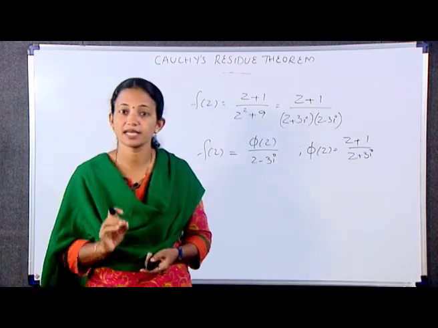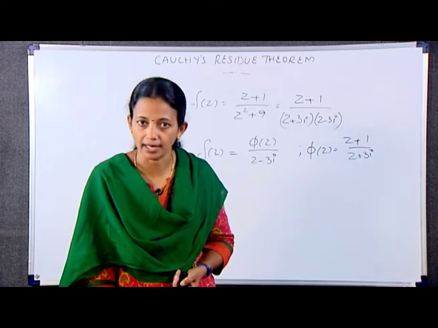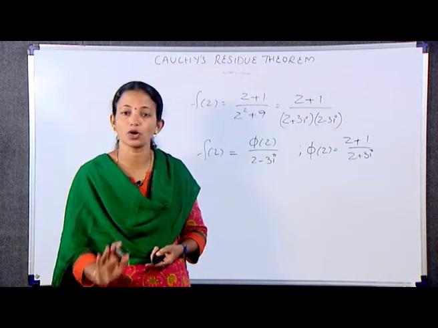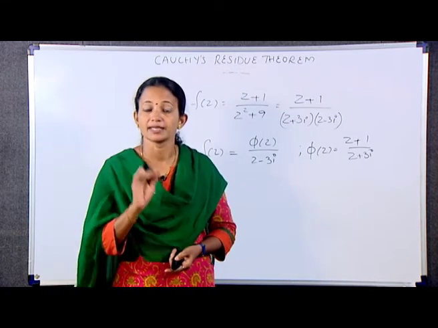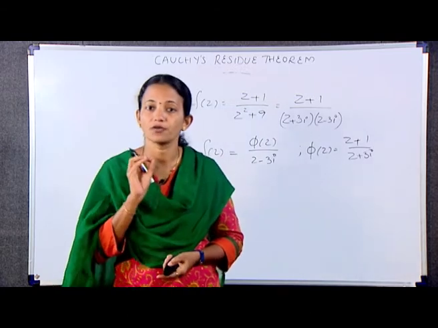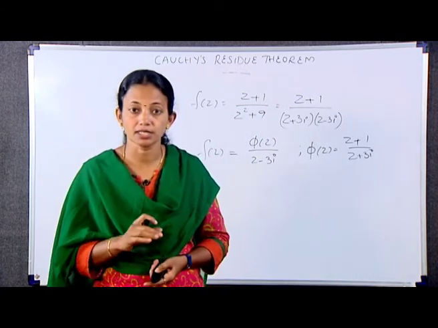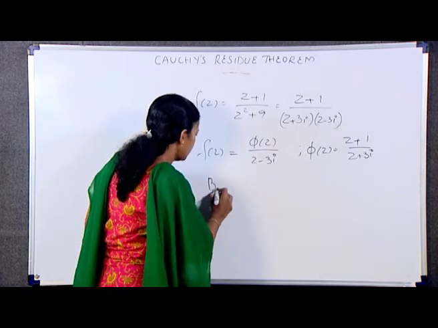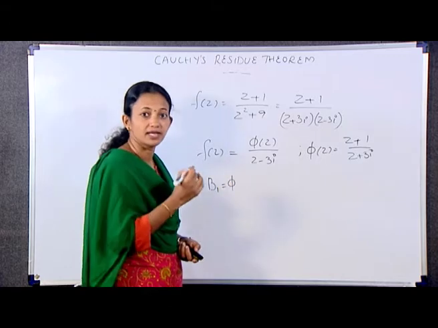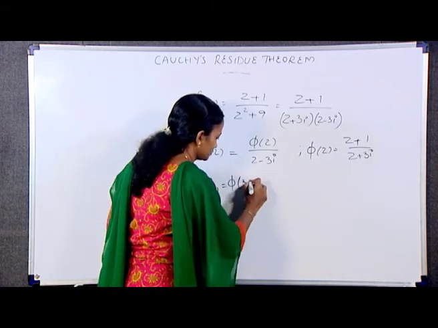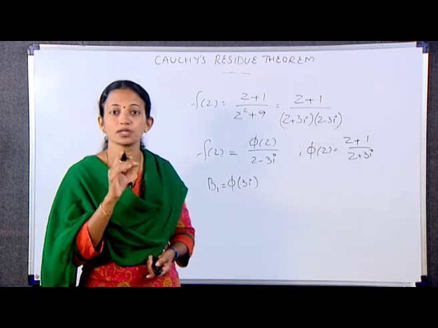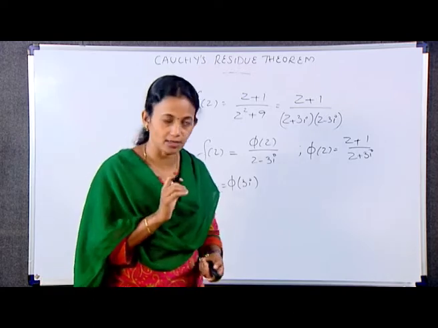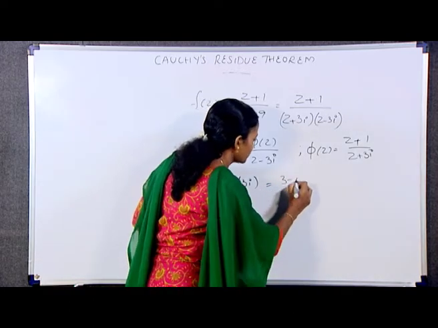Since phi of z is analytic at z is equal to 3i and phi of 3i is equal to 3 minus i by 6, not equal to 0, by the theorem, that point is a simple pole of the function f. The residue there, b1, is equal to phi of 3i, which is equal to 3i plus 1 by 6i, that is equal to 3 minus i by 6.